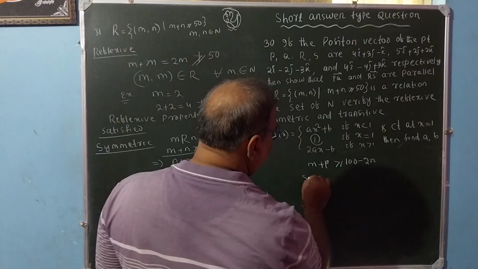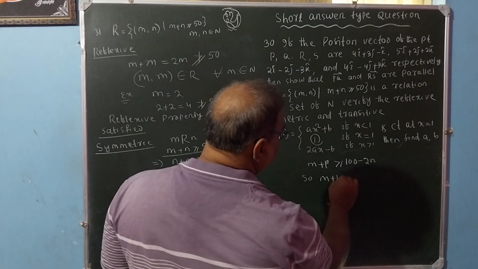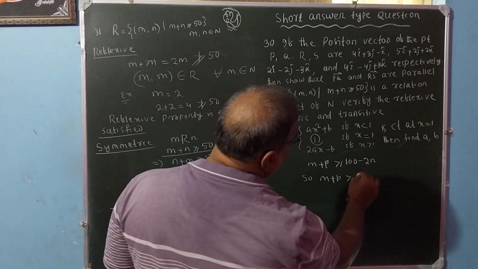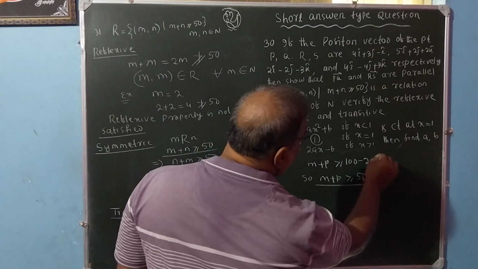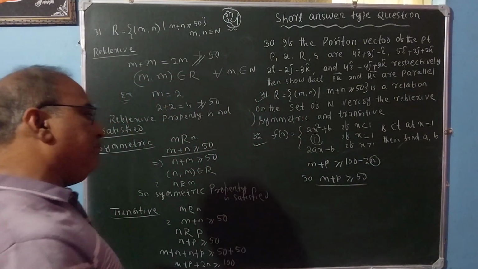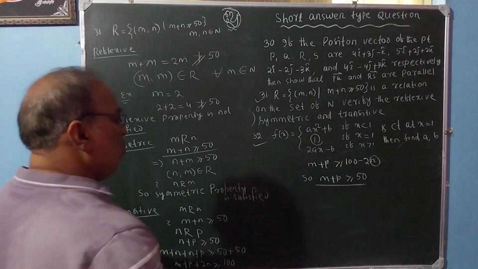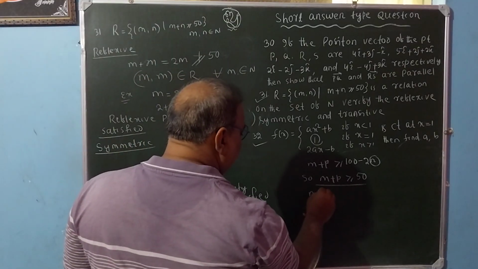So m plus p is always greater than or equal to 50, whatever n be. You have to take one example and verify. So m is related to p.